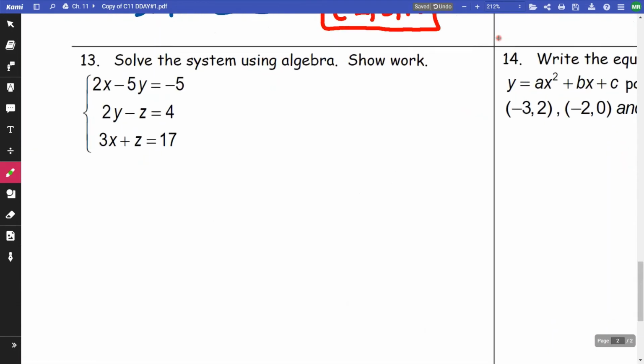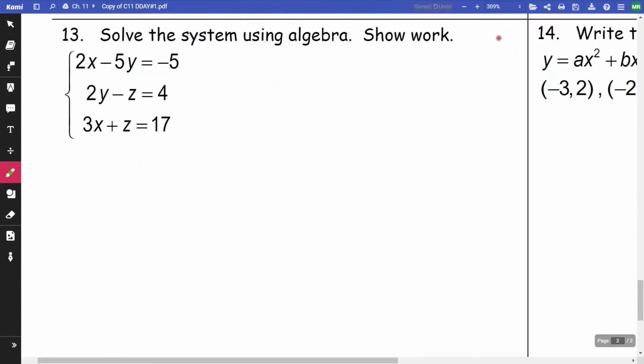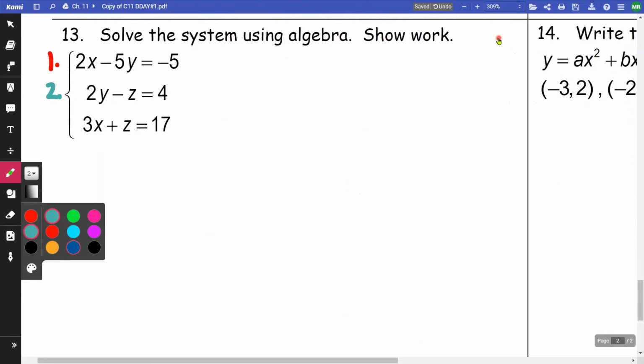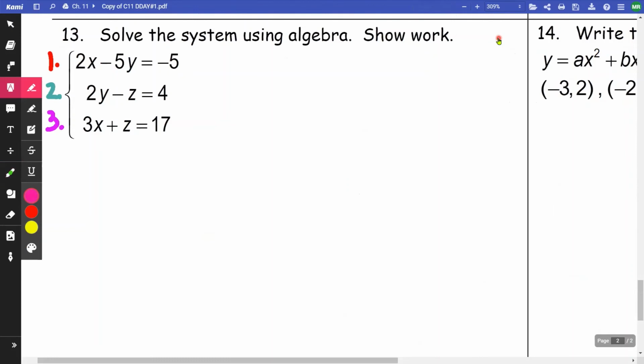On number 13, we're going to solve this system. Now if I call this one equation 1, this equation 2, and this one equation 3, each of these has 2 variables, but they all have a different pair of variables. So I'm going to look at which one I would rather eliminate.